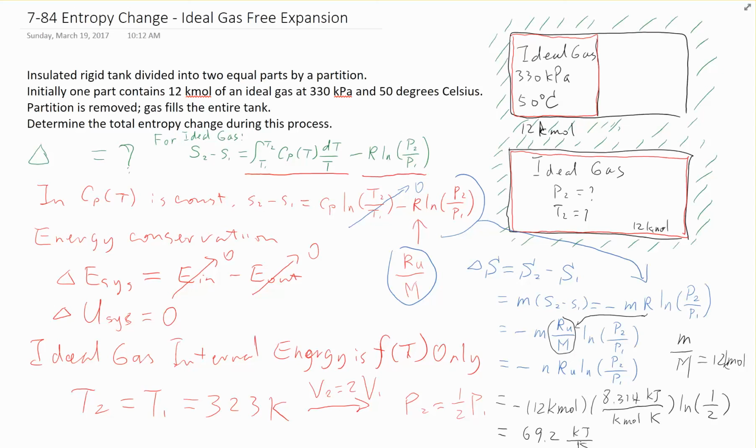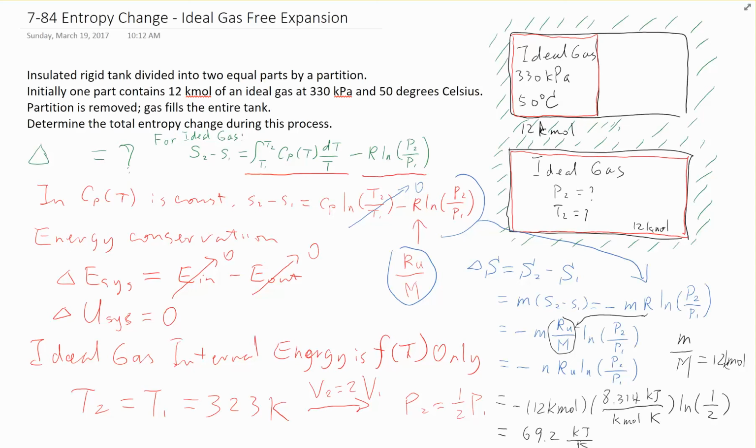Because this is a free expansion process and it happened in an adiabatic way, this is essentially an isolated system because it's isolated from the surroundings. It doesn't have a work interaction with the surroundings. It doesn't have heat transfer interactions with the surroundings.